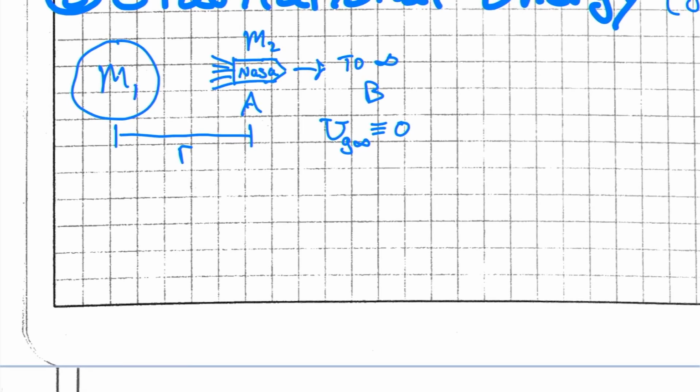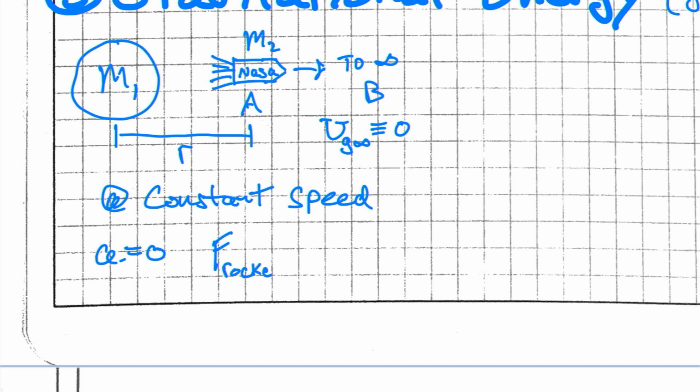Just like the little derivation that we did, we're going to do this at constant speed. And if we're at constant speed, then we know that our acceleration is 0, and we know that the force of the rocket here is equal in magnitude to the force of gravity.